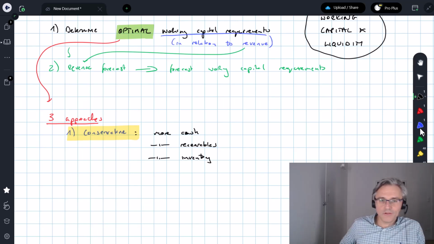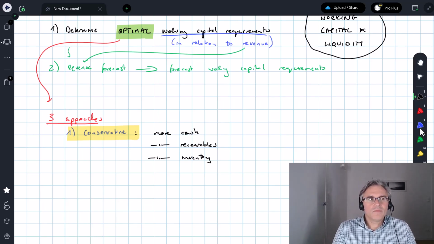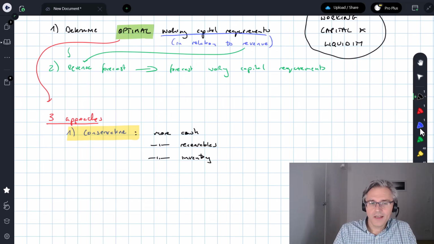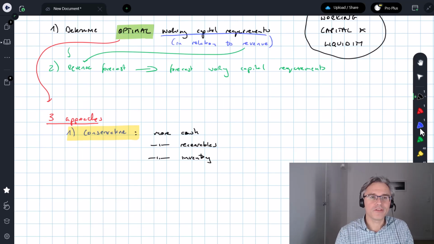That final one, higher levels of inventory, means you're stocking up. I'm tempted to say excessively, in the sense you have more inventory than you need, but a lot of it is sort of just in case, a buffer. What if we have supply disruptions, for example?